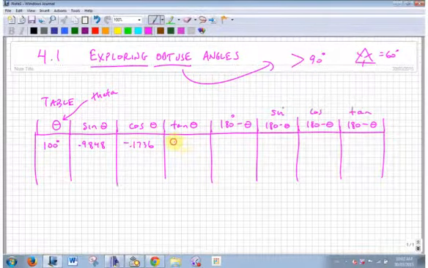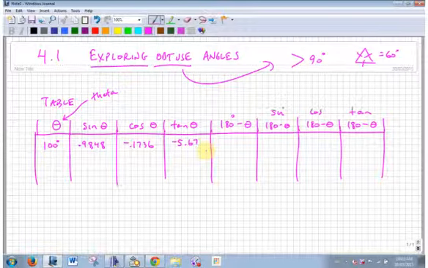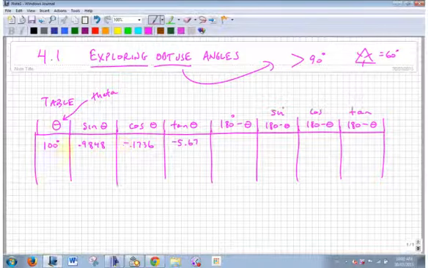Minus 5.67. Okay, so that's it. That's our 3 primary trig ratios for something that you haven't done before, an obtuse angle.